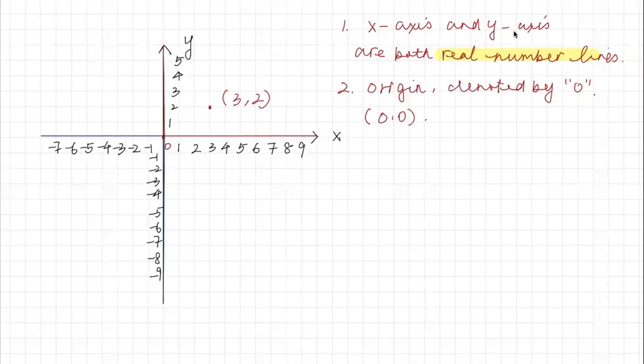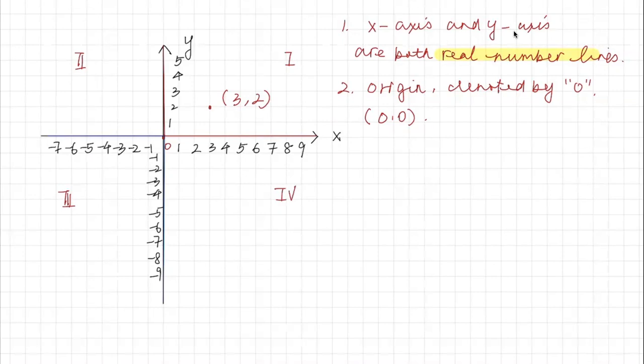Because of this feature, we have 4 parts in this coordinates plane, and we call these 4 parts 4 quadrants. We call this the first quadrant, this is the second, this is the third, and this is the fourth.